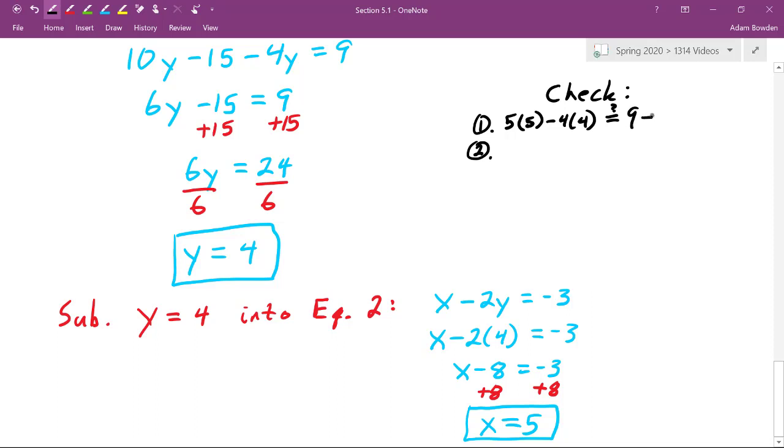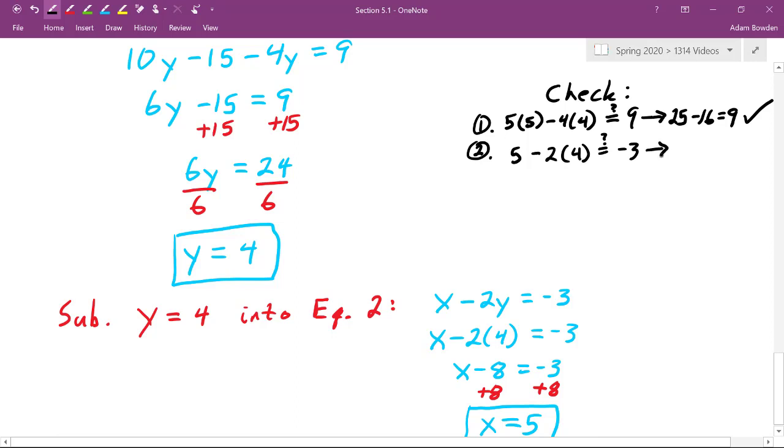It would look something like 25 minus 16, and is that equal to 9? Indeed it is, so that checks out. In the other equation, we'd have 5 minus 2 times 4, and we're checking, is that equal to negative 3? That'd be 5 minus 8, and that indeed is equal to negative 3. So it all checks out here. We'll write it as x comma y, 5 comma 4.